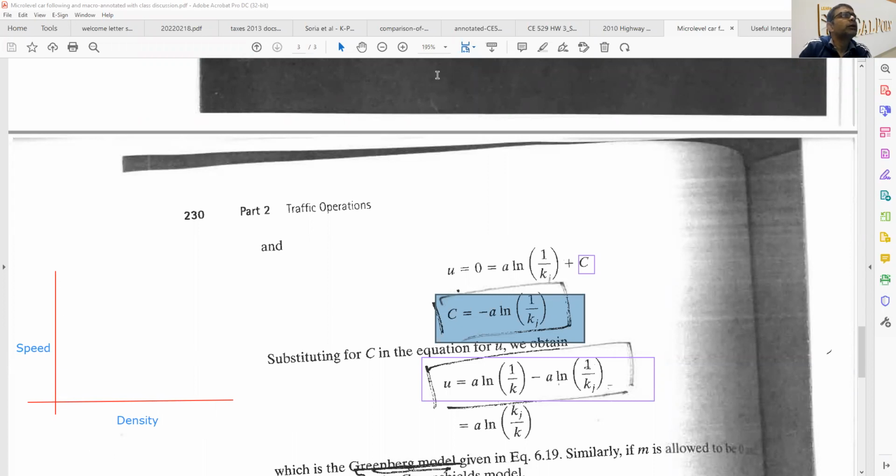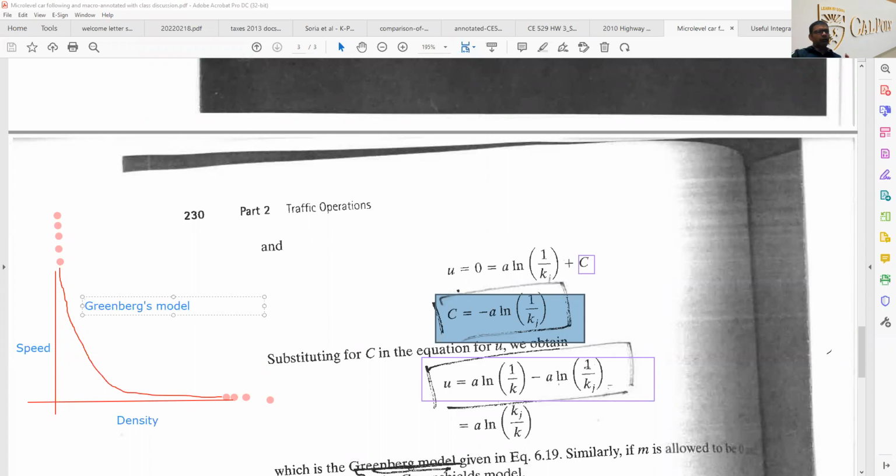It's going to be asymptotic, and it will approach the x-axis and y-axis, but it will not touch them. This is basically a logarithmic expression. So this is what the speed-density relationship looks like. And people have found that on some ranges of speed and density, Greenberg's model is more appropriate than the Green-Shields model. So this is what the plot would look like from Greenberg's model.